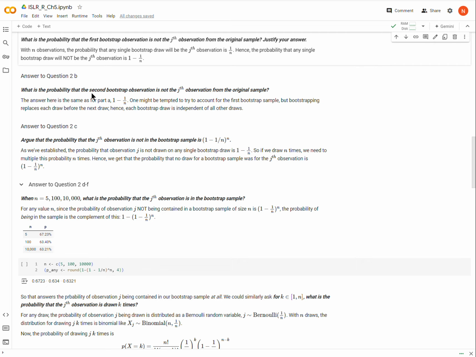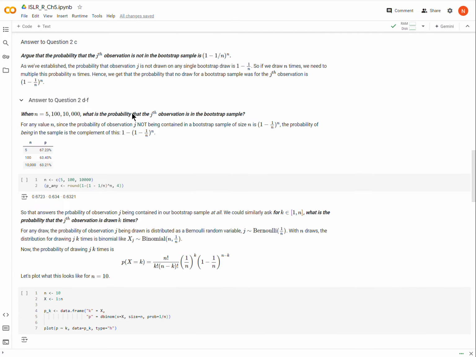That means that every time I'm drawing, every observation has a 1 in n probability of being drawn for the bootstrap. So every draw for the bootstrap has the same probability of not being drawn, 1 minus 1 over n, right? So the answers are the same, and it's because we are sampling our set of observations with replacement.